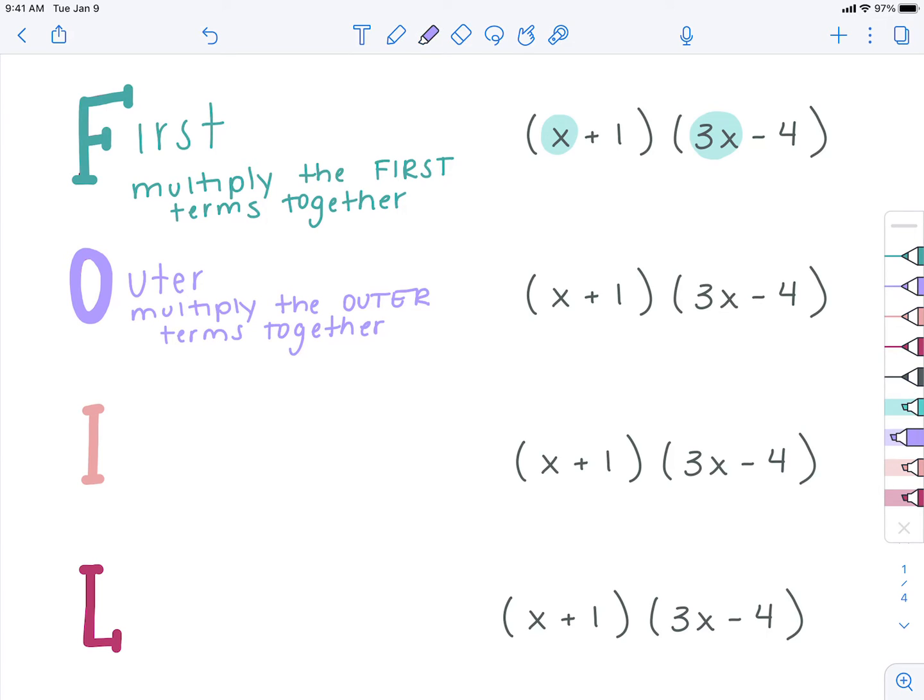And the outer terms are the ones on the outside of the entire problem. So the x in this example and the negative 4, the things that are on the most outside of the problem. After we do the outer terms, then we're going to do the inner terms. And same thing, we're going to multiply the inner terms together.